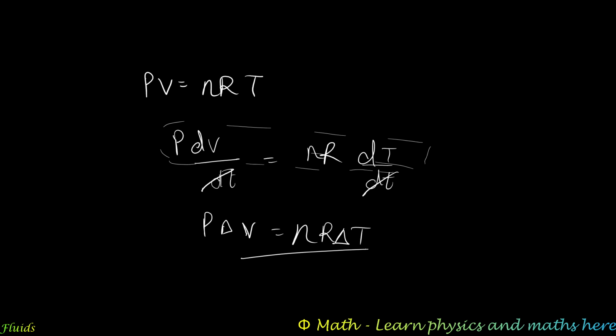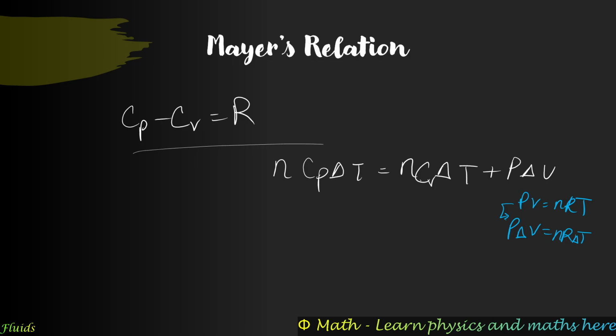So for an isobaric process, pressure is also constant, so pressure does not get delta.